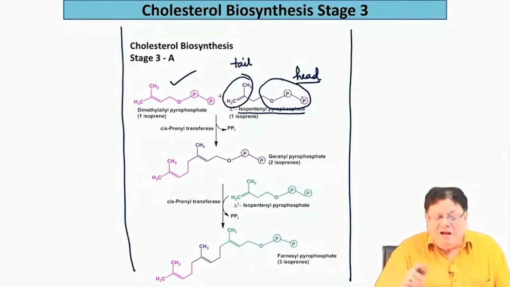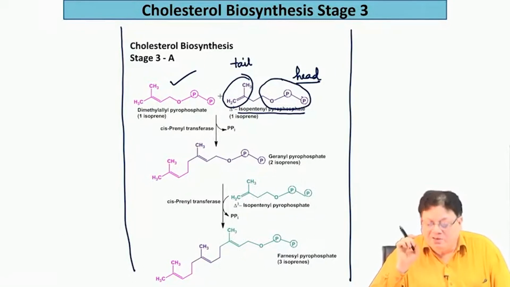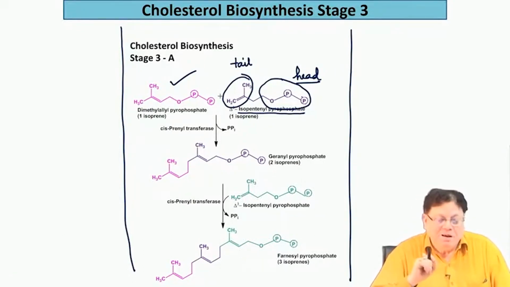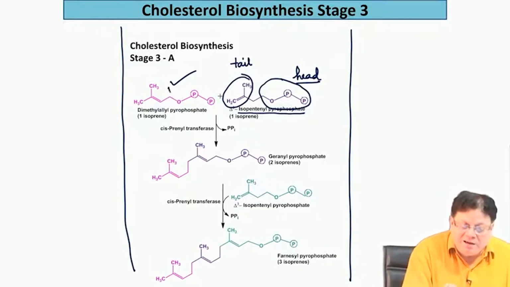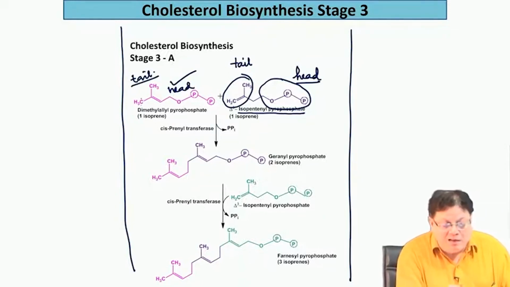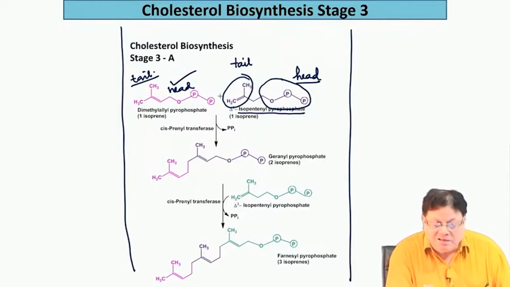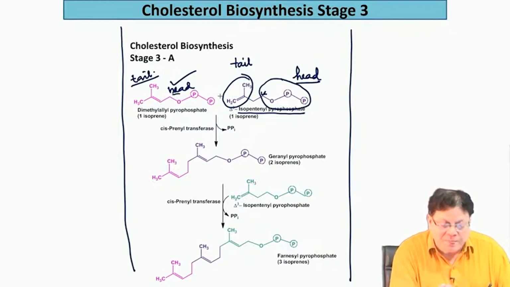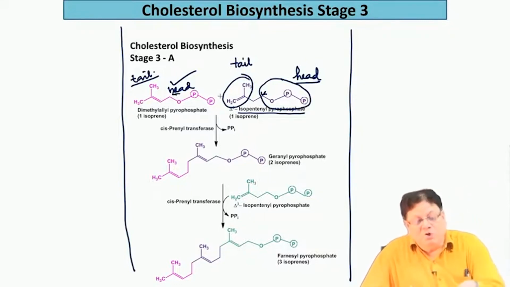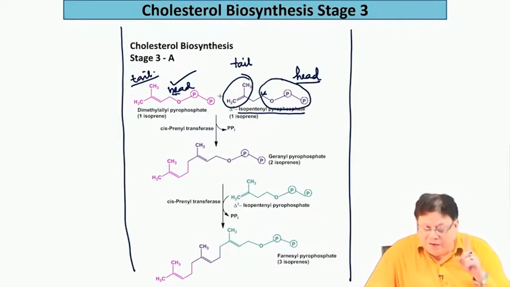So, this chain isopentenyl pyrophosphate has a head group and a tail end. Okay. So, for this also the head is here and the tail is here, and the tail carbons are these methyls, and the head carbons are these allyl carbons. So, head and tail you have to be very careful.